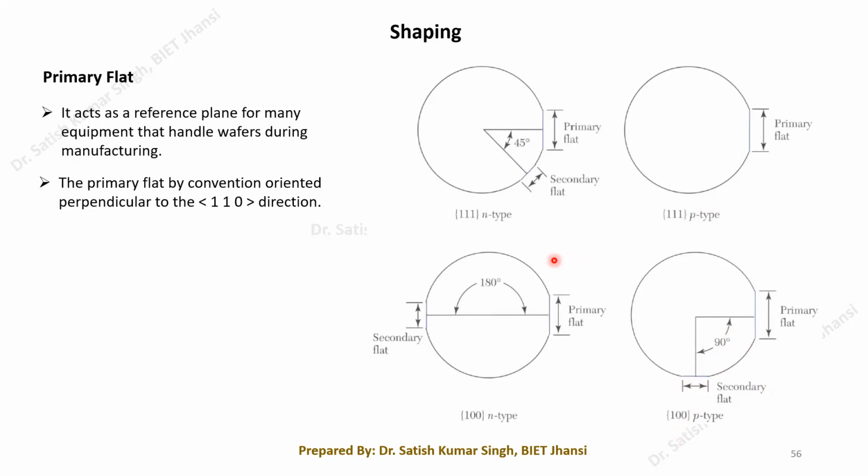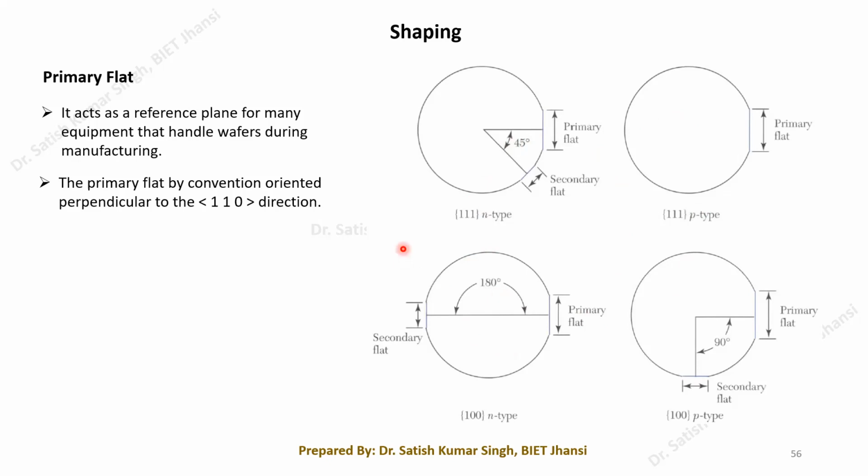Similarly, for the n type, the position of the secondary flat is at 45 degrees for 111 orientation, and for 100 orientation, it is at 180 degrees with respect to your primary flat. This way we can identify the wafers, their types and their orientation. So this orientation is very important.